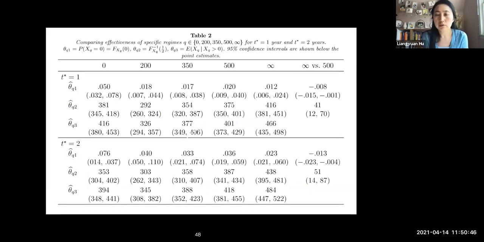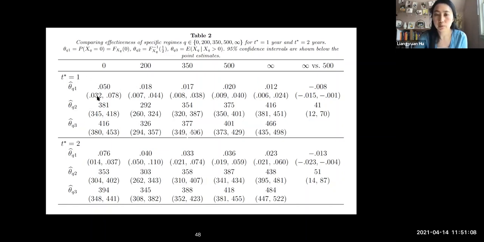Okay, so this table summarizes the comparative effects of 5 specific regimens. We can see that treat immediately would lead to significantly lower mortality rate compared to delayed treatment and significantly higher median values of CD4.